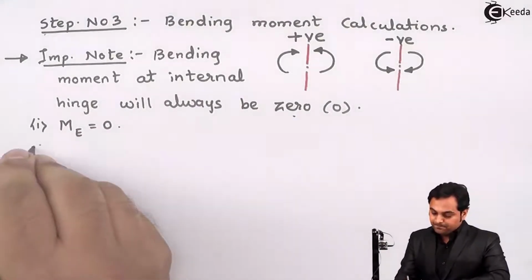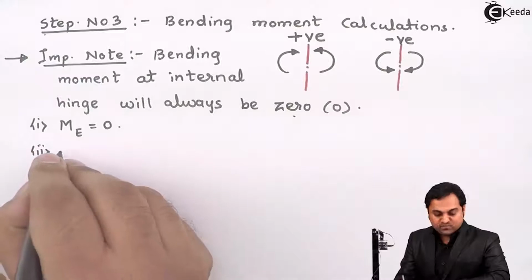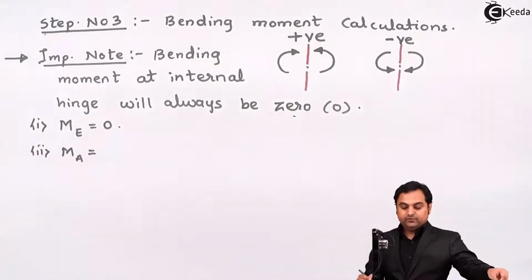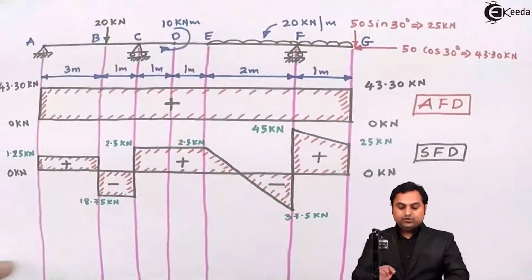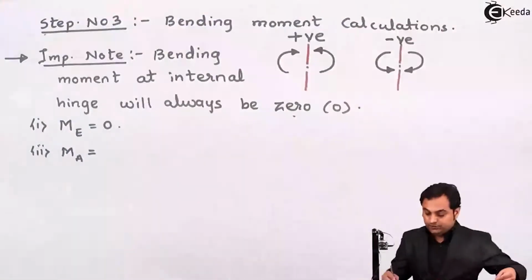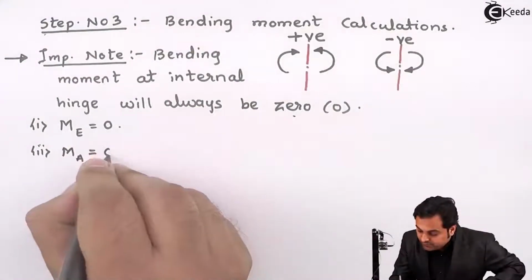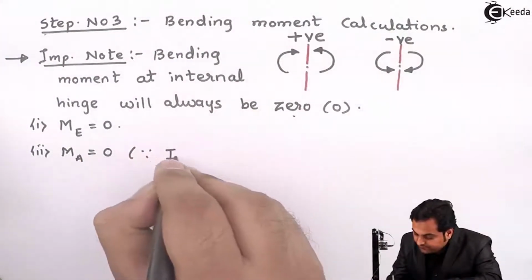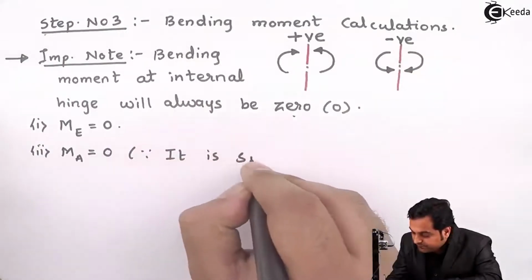Next, moment at point A, that is equal to 0 because it is a hinge support, or I'll write down in the bracket that since it is simply supported.